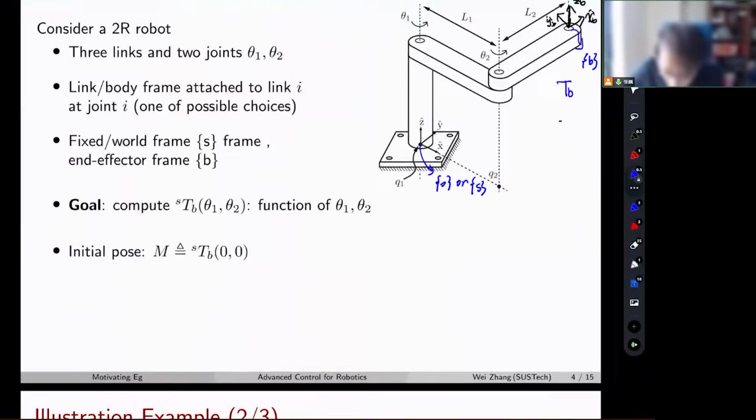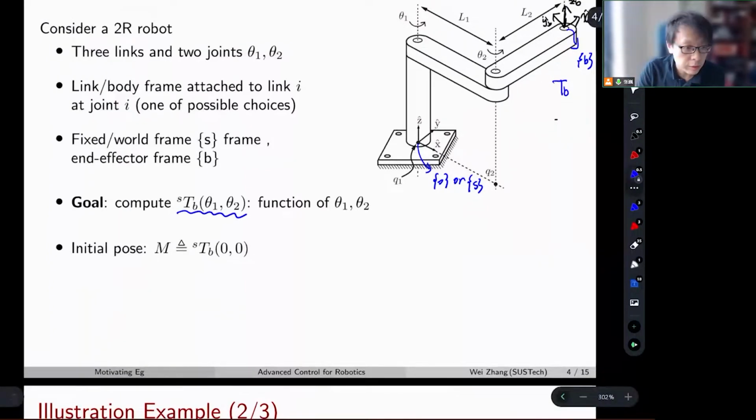If I have my joints at different positions, this frame's configuration or pose in this 0 or S frame is different. So it's really a function of theta 1 and theta 2. So our goal today is just to derive formulas for this pose as a function of theta 1 and theta 2.